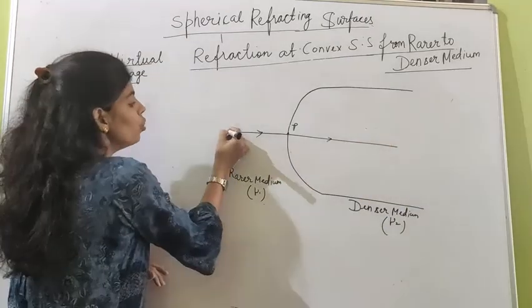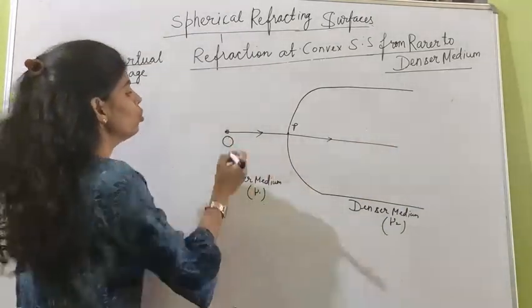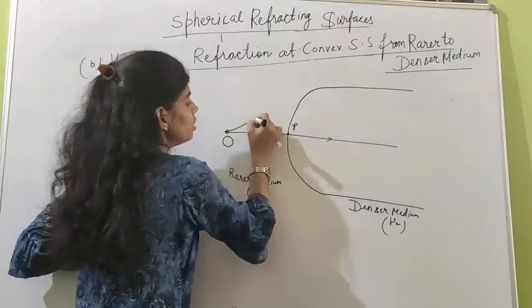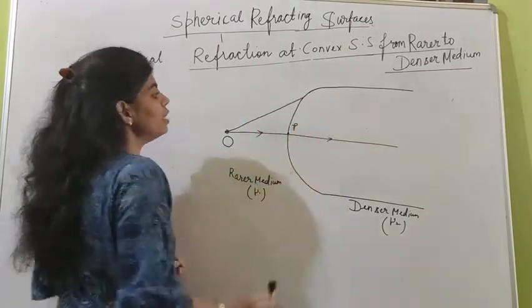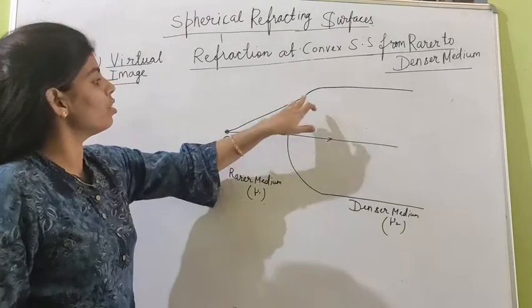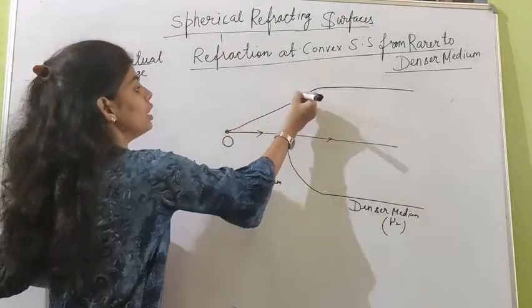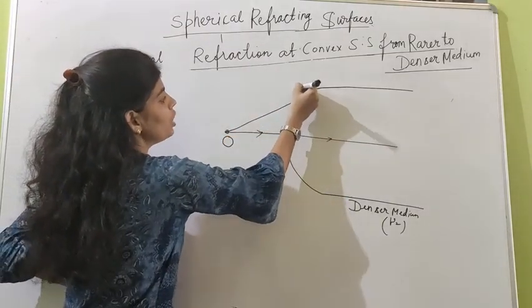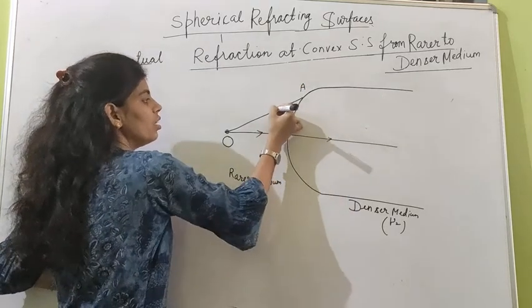The second ray from the point object will come like this. It will be incident on this spherical surface at a point. Let us give it a name: at point A, it will strike.